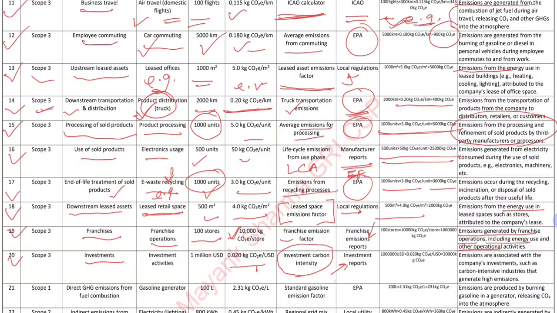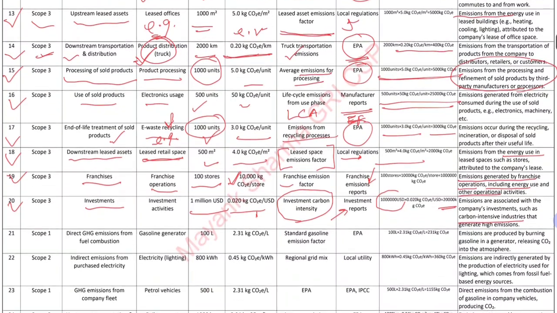This comes from the investment reports, and the emissions are associated with the company's investments, such as carbon-intensive industries, which generate high emissions. So multiply this emission factor by your investment and you will get the total equivalent carbon dioxide.